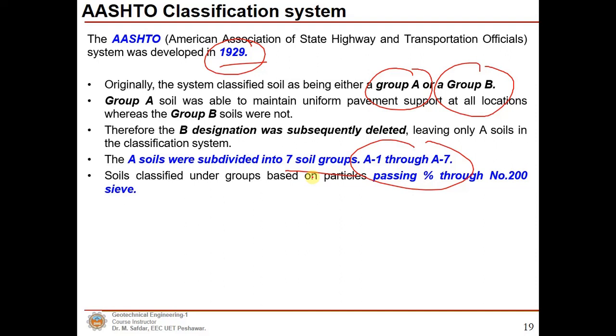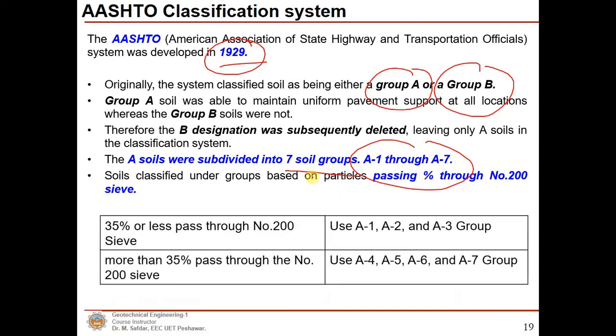Soils are classified under groups based on the percentage of particles passing through the number 200 sieve. For example, if 35% or less pass through the number 200 sieve, those are the A1, A2, and A3 groups.